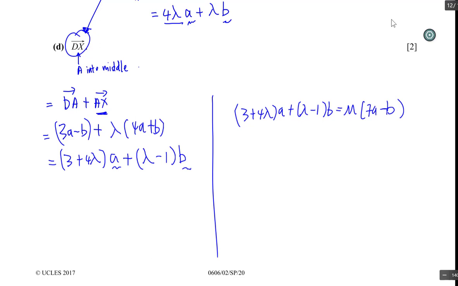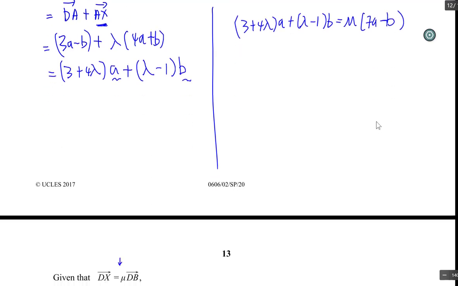Right, so we need to solve this equation to find the lambda and mu. I will just compare a for both sides. Comparing a, my left hand side will be 3 plus 4 lambda, and a for my right hand side will be 7m, because I need to multiply m for both.